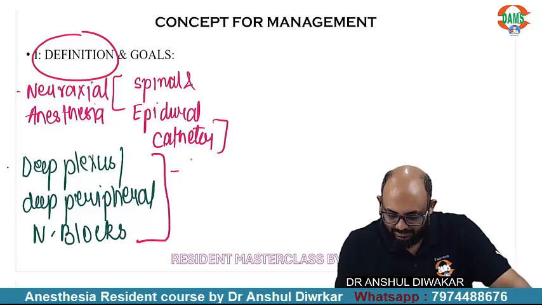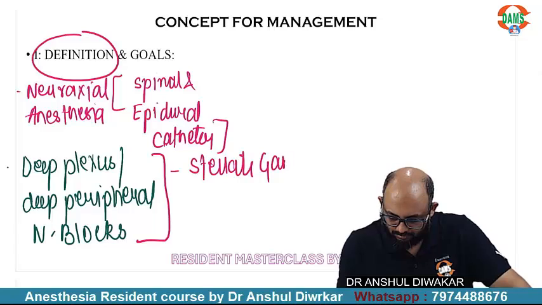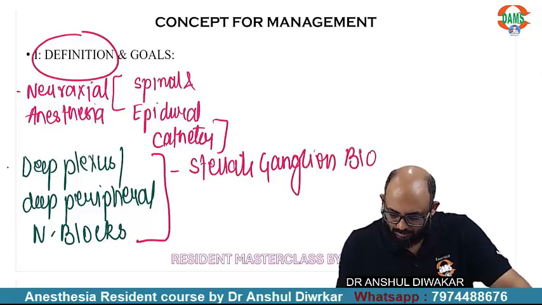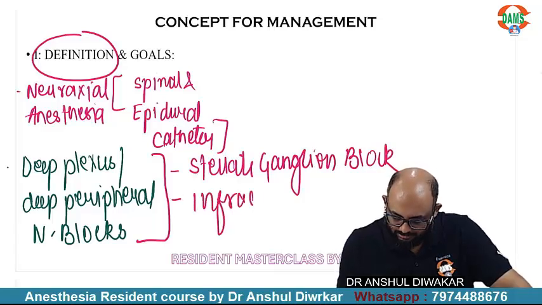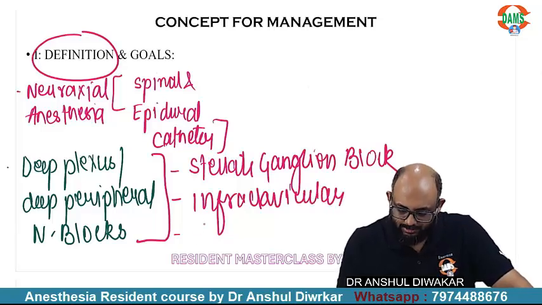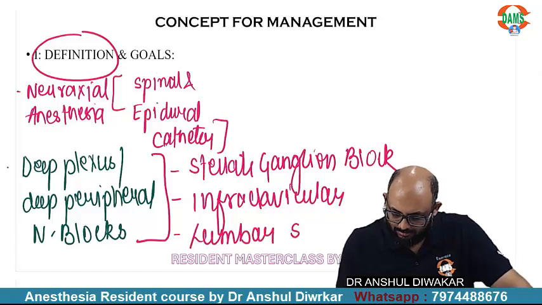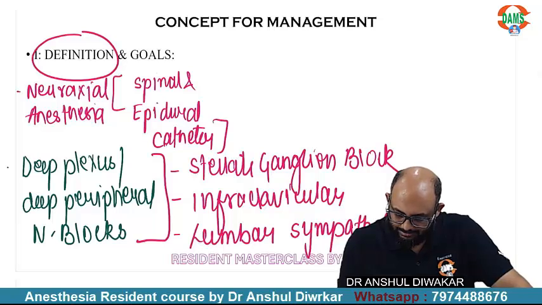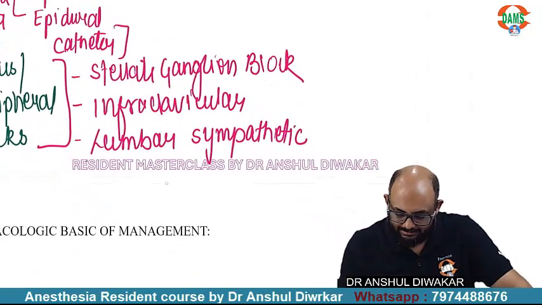So you have stellate ganglion block, infraclavicular is pretty deep. Then you have lumbar sympathectomy or lumbar sympathetic block, as well as lumbar plexus block.